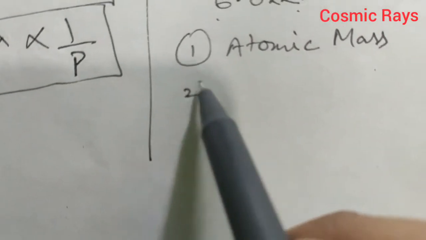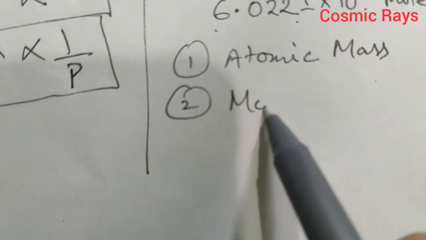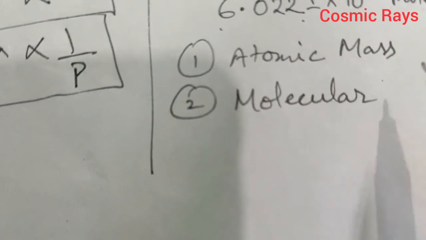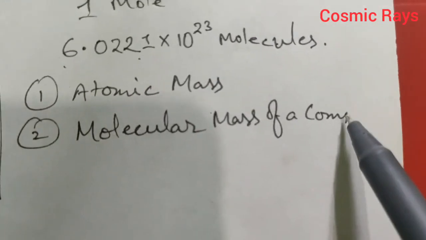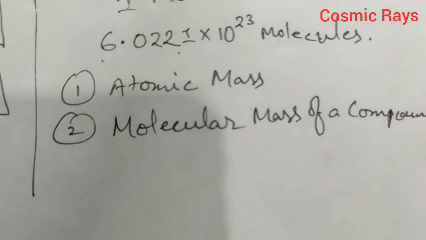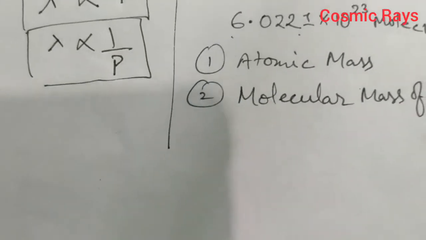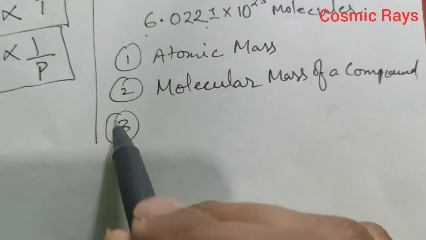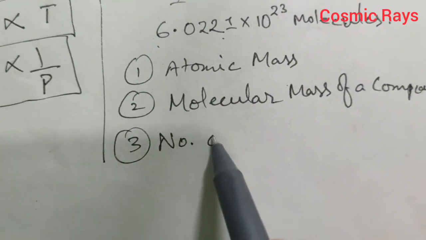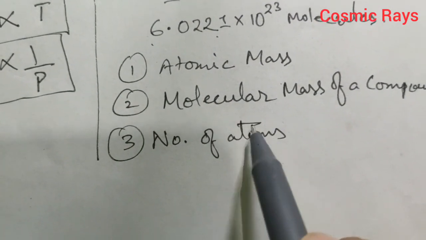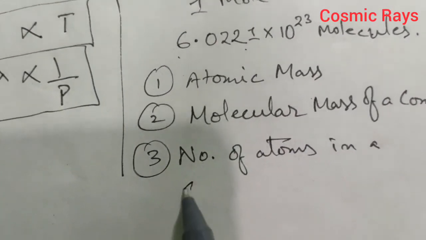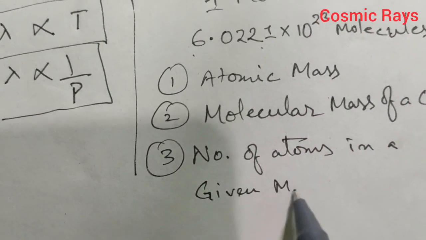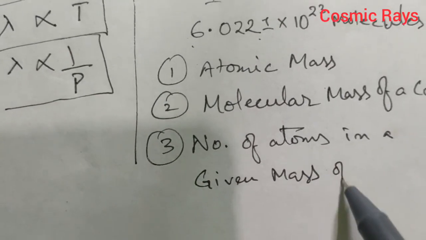Then we can also calculate the molecular mass of a compound using Avogadro's number, and finally we can also calculate the number of atoms in a given mass of an element.